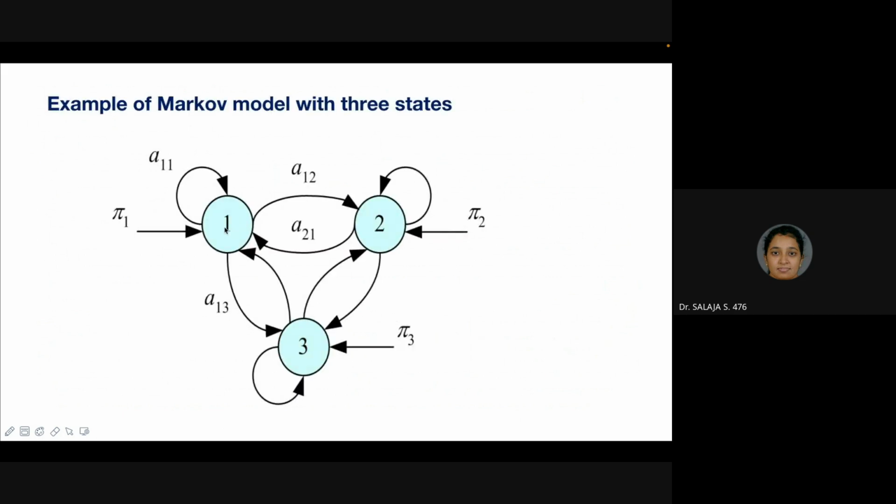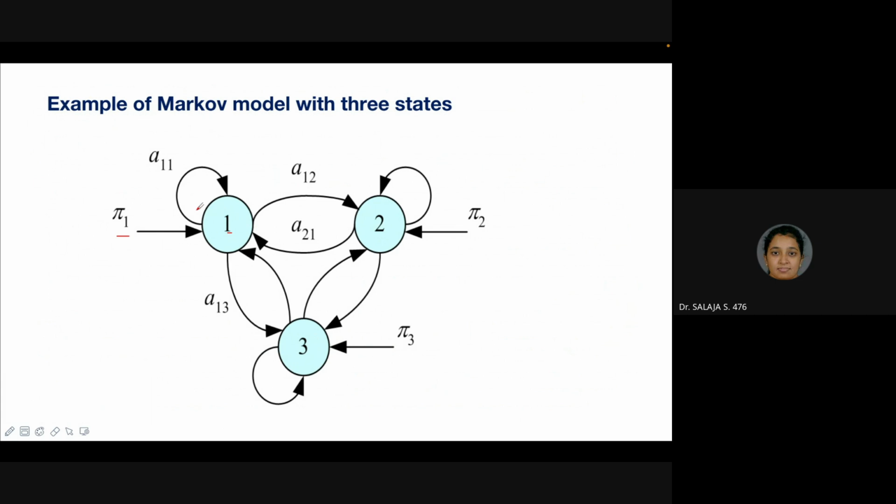Now here you have a Markov model with three states. And we'll just take an example of state 1, which has an initial probability of pi 1. Now, since we have three states, the system can stay in state 1.